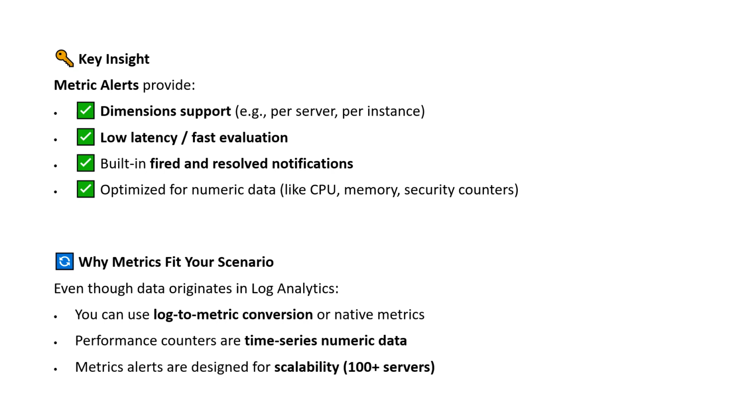Even though data originates in Log Analytics, you can use log to metrics conversion or native metrics. And performance counters are time series numeric data. Metrics alerts are designed for scalability, that is for 100 plus servers. So I think it is getting clear.